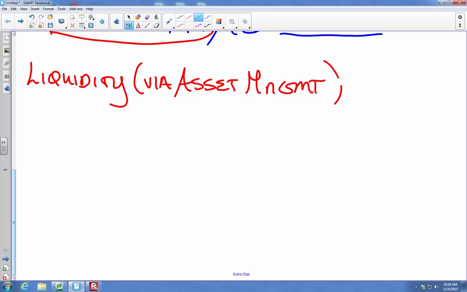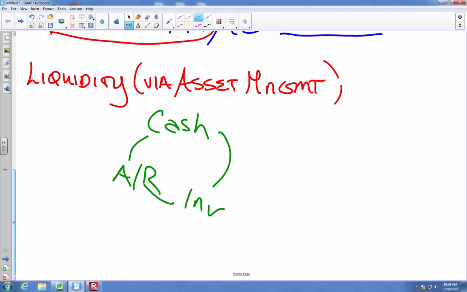Basically what we're talking about in the next 4 ratios is this whole idea in any sort of inventory, whether it's retail or wholesale or business to business or whatever. You start with cash, and you buy inventory, and you convert that to accounts receivable, and then you collect it, and then you start again, right? And every time you go through that process, you generate some sort of profit, right?